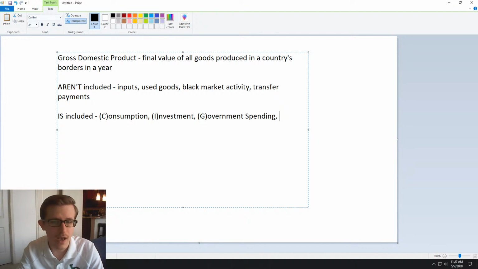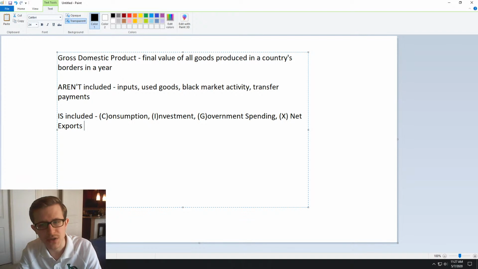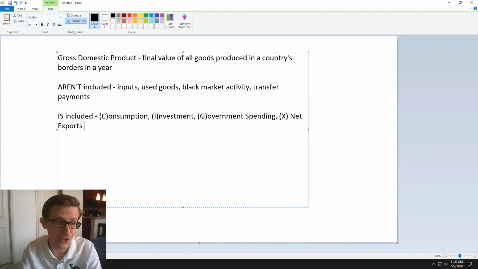NX. So it's going to be for net exports. Now, this one's, I guess, the trickier one of the four, just because of the way that it is put into this. So it's net exports, meaning what the total gain is on our GDP here in the United States. This is very much a negative value for us. And why is it a negative value here?